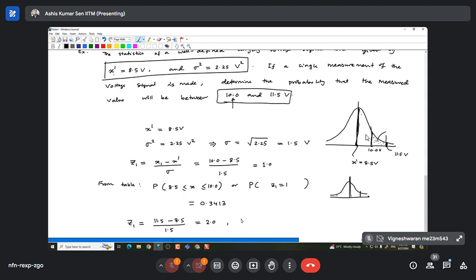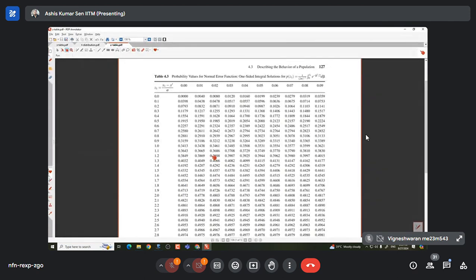Then we can find the probability that the data lies between 8.5 and 11.5, corresponding to Z1 equal to 2. Going to the table, at 2.00 this is 0.4772. All of you can read 0.4772 here.